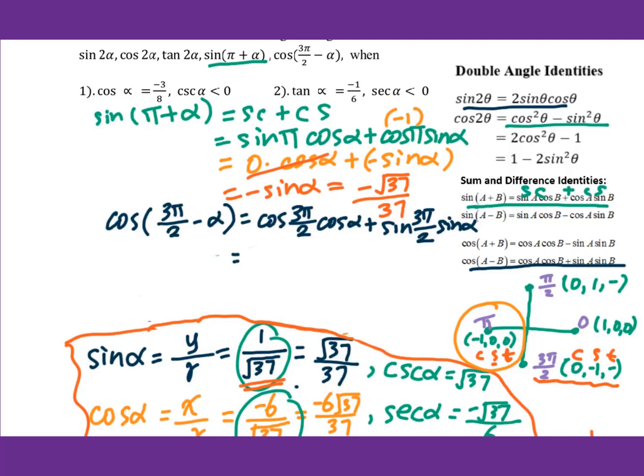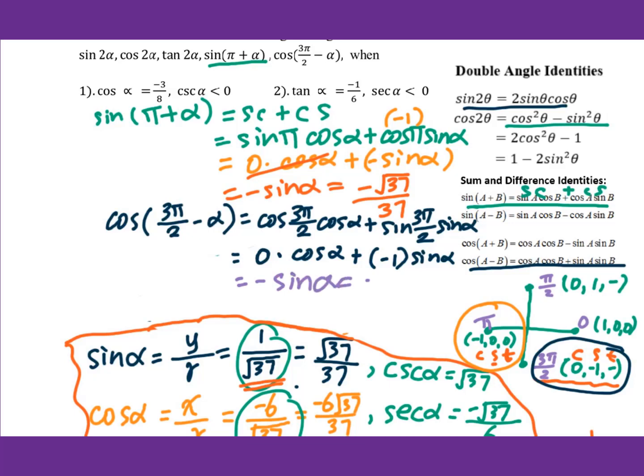Cosine 3 pi over 2, use this one. You will get 0 times cosine alpha plus negative 1 times sine alpha. So we got negative sine alpha, which means negative square root of 37 over 37.